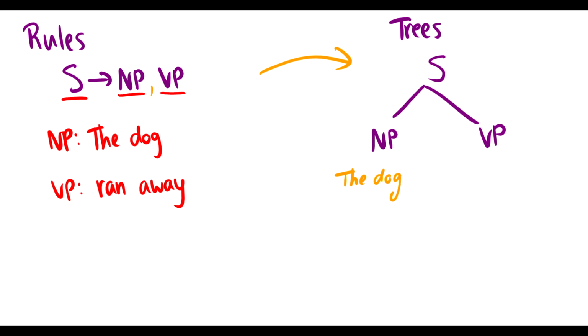And we have a verb phrase, which is ran away. So let's put it under the VP here. So we can see the sentence, the dog ran away, was generated using this S goes to noun phrase verb phrase rule, since all of our sentences are made up of noun phrases and verb phrases. So if we take a noun phrase and a verb phrase, we get a sentence.